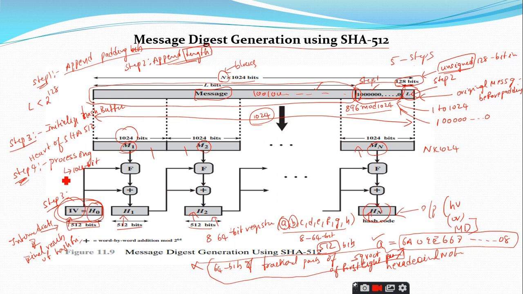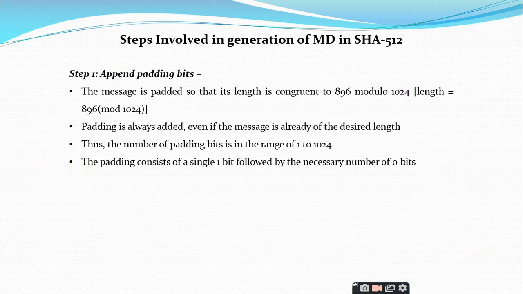Let us describe this step 4 clearly. Up to this point we are very much clear about step 1, step 2 and step 3. Let us revise step 1, step 2 and step 3, and then we will clearly explain step 4. As I told, step 1 is append padding bits. The message is padded so that its length is congruent to 896 modulo 1024.